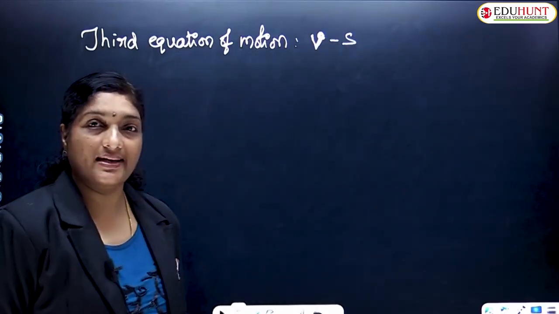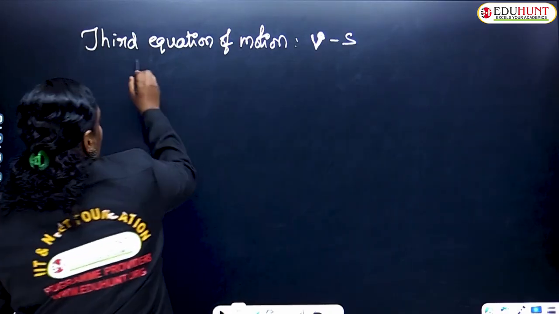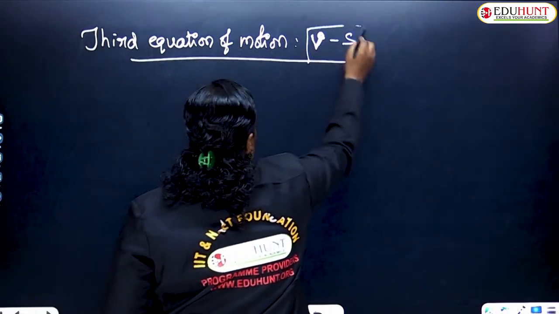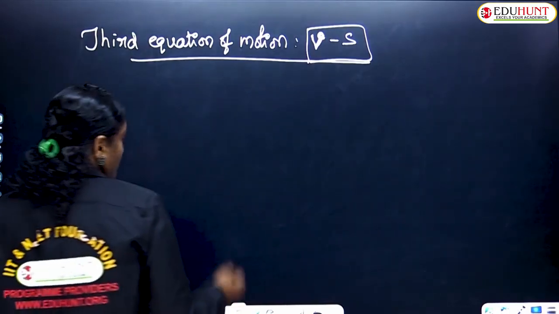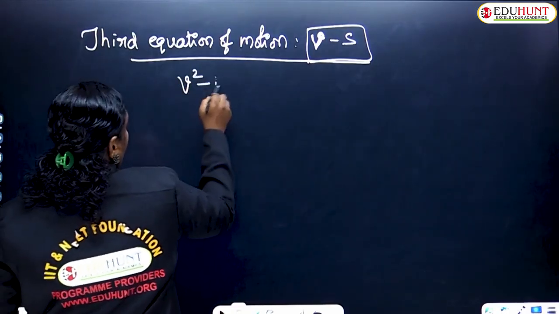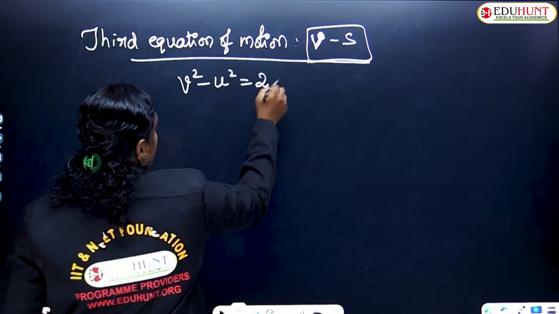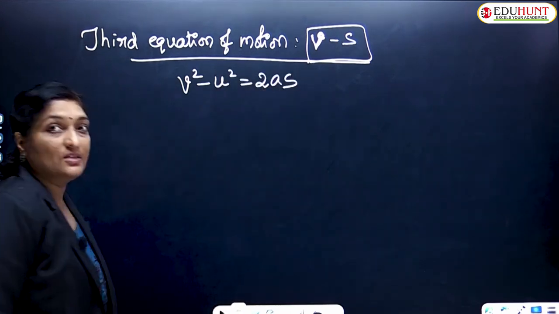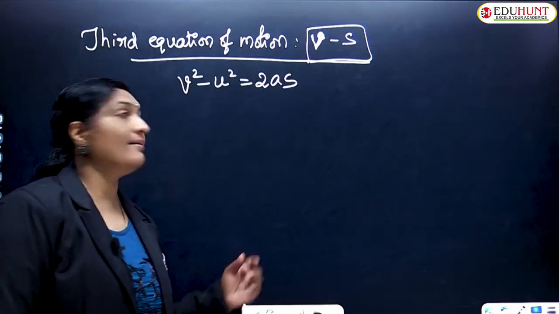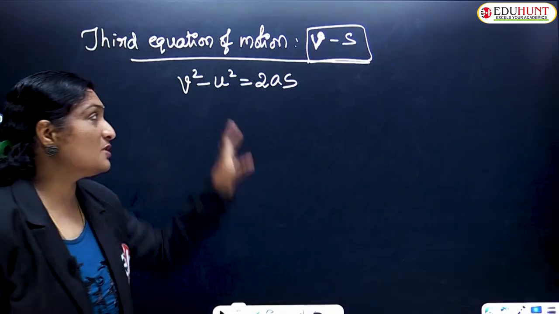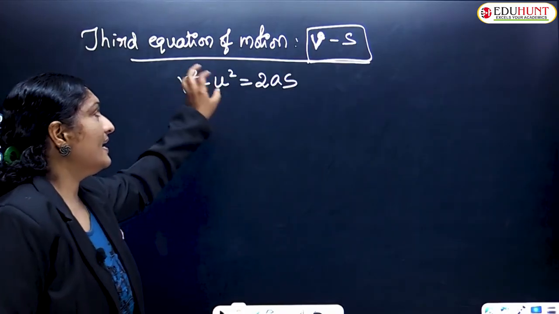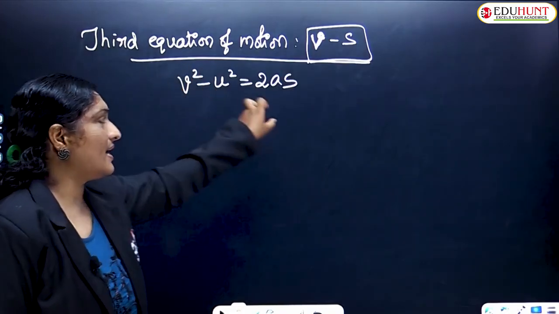The relation is v square minus u square equals 2as, where v is final velocity, u is initial velocity, a is acceleration, and s is displacement. This brings the relation between initial velocity, final velocity, and displacement.